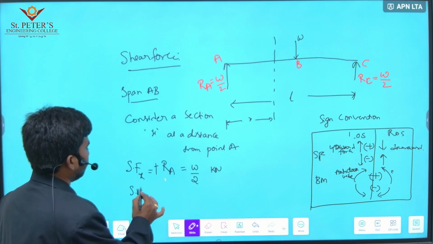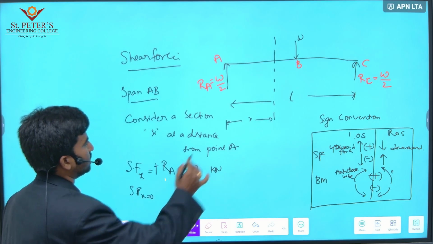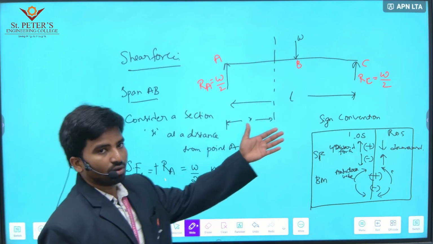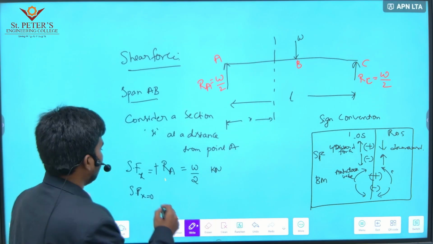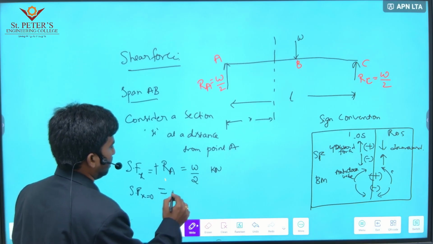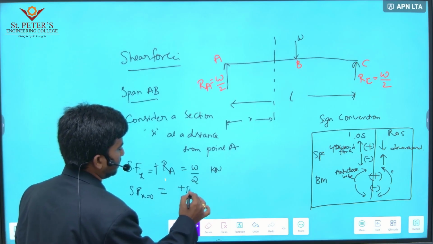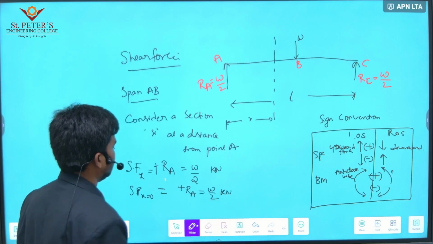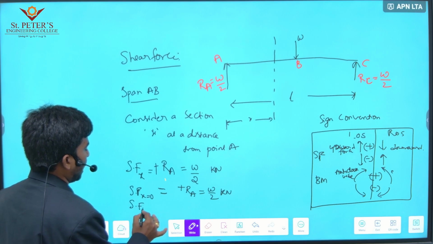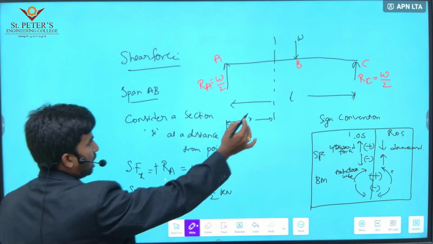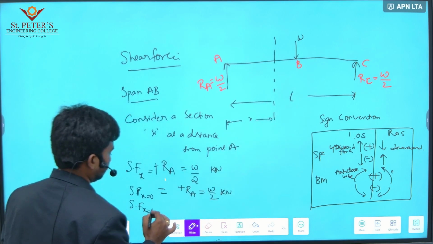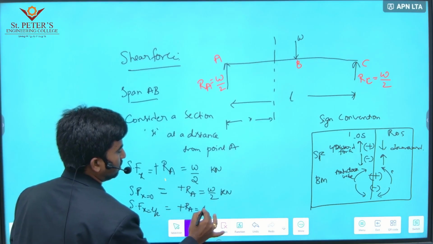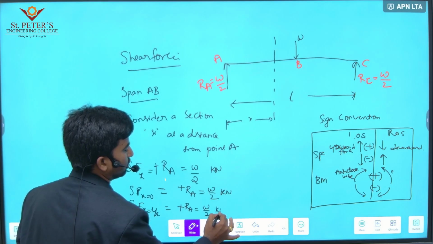Let us take an example, for span length from 0 to 5 meters or 10 meters. At X equal to 0, shear force is the same, that is RA, equal to W by 2 kilonewtons. Shear force at X equal to L by 2, RA equals W by 2 kilonewtons.